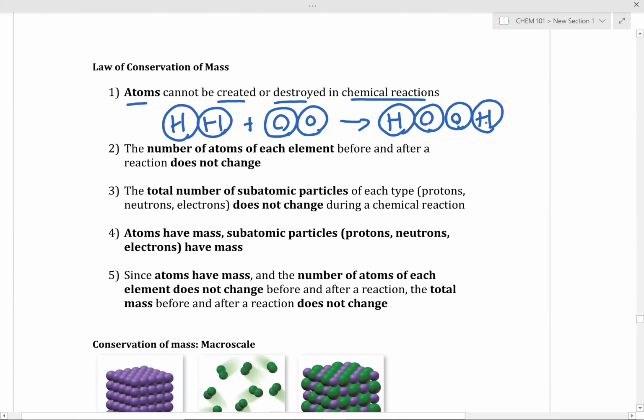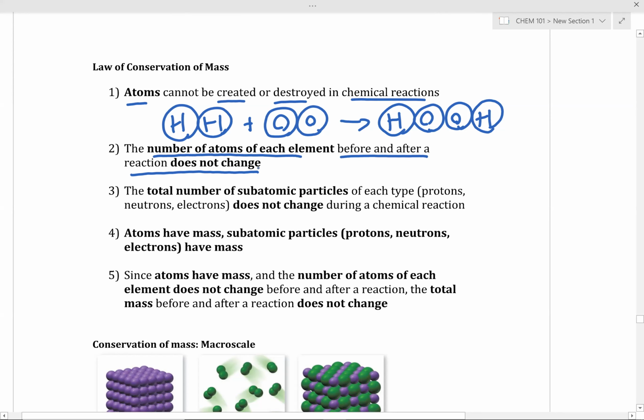The key feature of all chemical reactions: have we changed the number of atoms of each element? No. Atoms cannot be created or destroyed, and the number of atoms of each element before and after a reaction does not change.